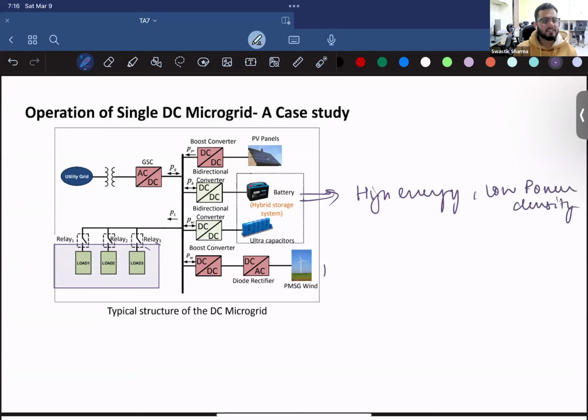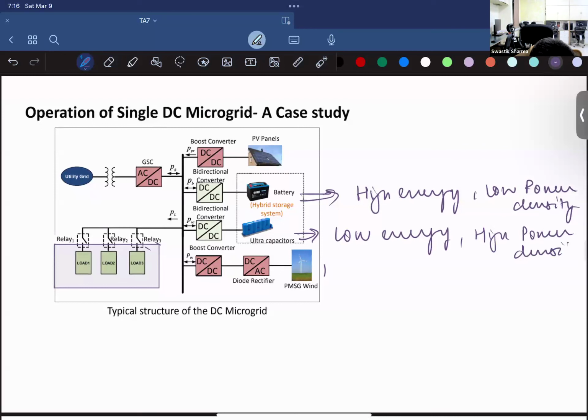High energy density means that it can store a large amount of energy, but the amount of power that it can supply is limited, very low. But ultra capacitors have low energy, that is, they don't have a large storage, but their power density is high. So now you must be thinking, why use storage like this, right?